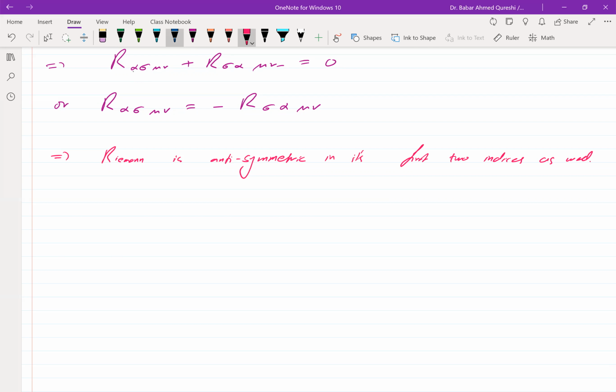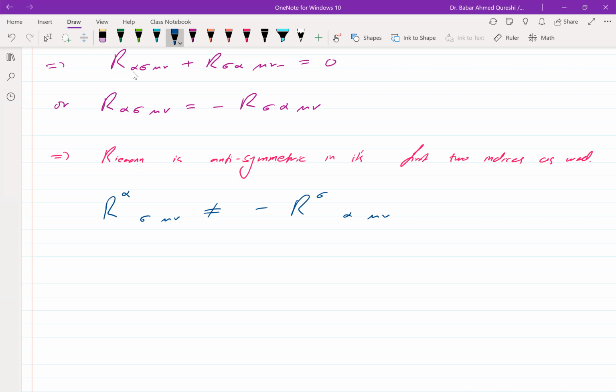By the way, you cannot do this. You cannot replace sigma in the index structure where the first one, with the way we started with the definition, the first index was up and the rest of them are down.